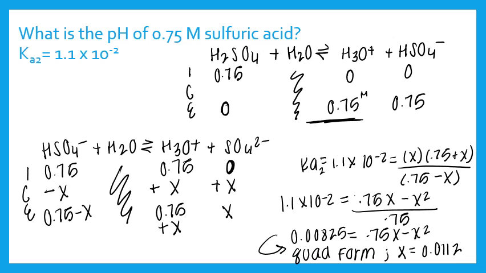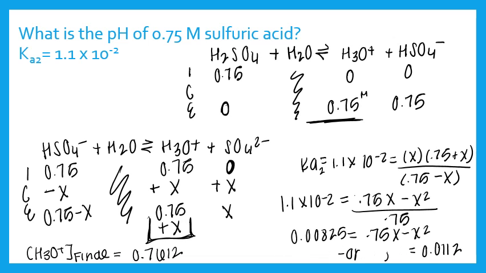Really all we care about is our H3O plus, so we want to see how that affects it. So we get our H3O plus final to be equal to 0.7612, and we plug that into pH. So we erase from over here for a second to give myself a little bit of room.